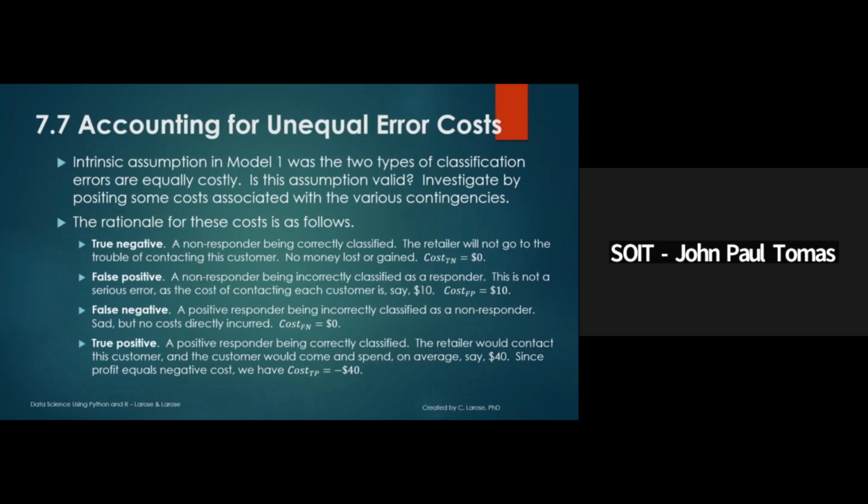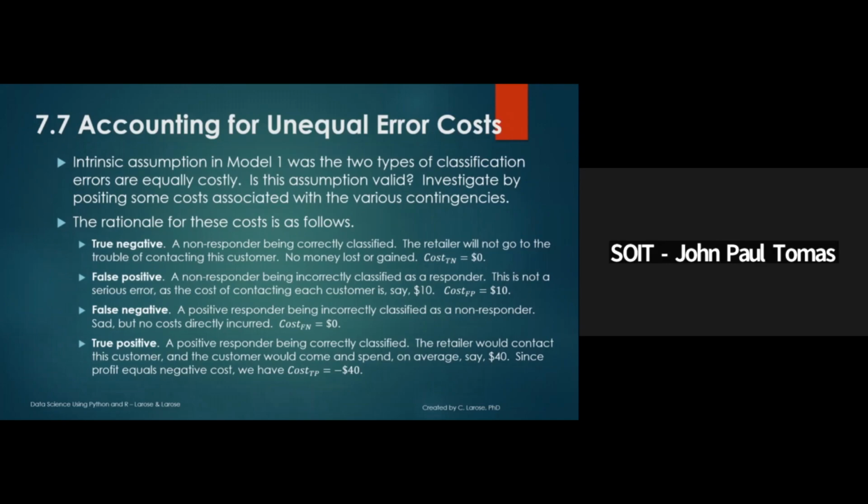Now the true positive, these are responders being correctly classified. So this is 100% sure. The retailer would contact this customer and the customer would come and spend, say, for example, an average of $40. Since profit equals negative cost, we will have a notation cost sub TP, which equals negative 40.